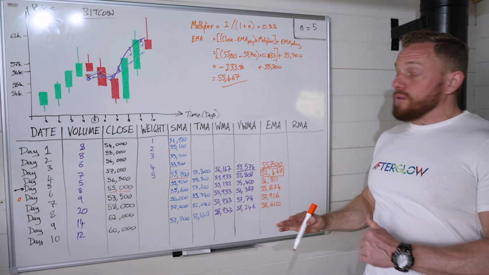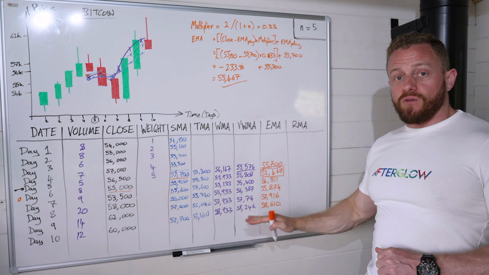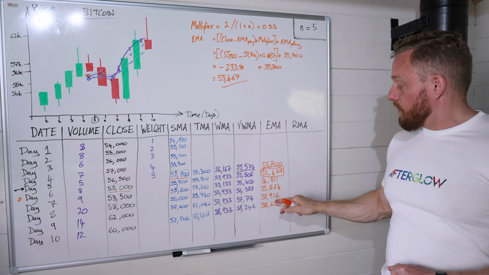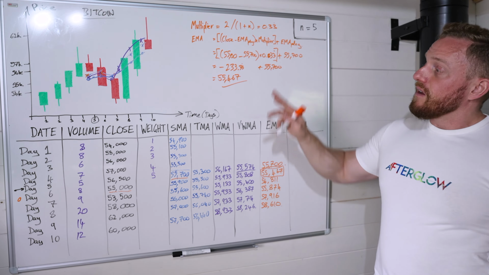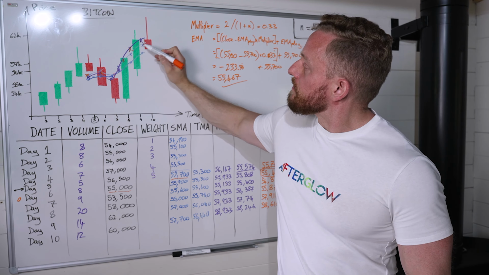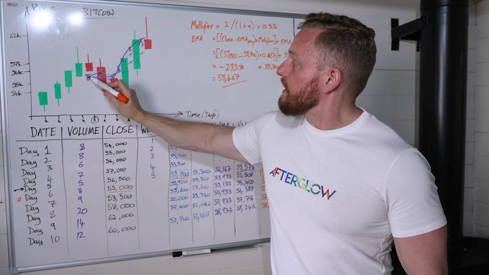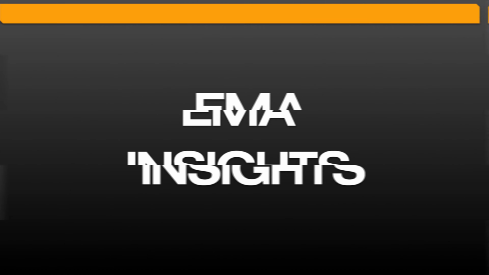And now, again, we just apply that formula and work our way down through the table, and we can plot on all of our exponential moving average points, plot those on the chart, like so, and connect up the lines. And there's our EMA line.